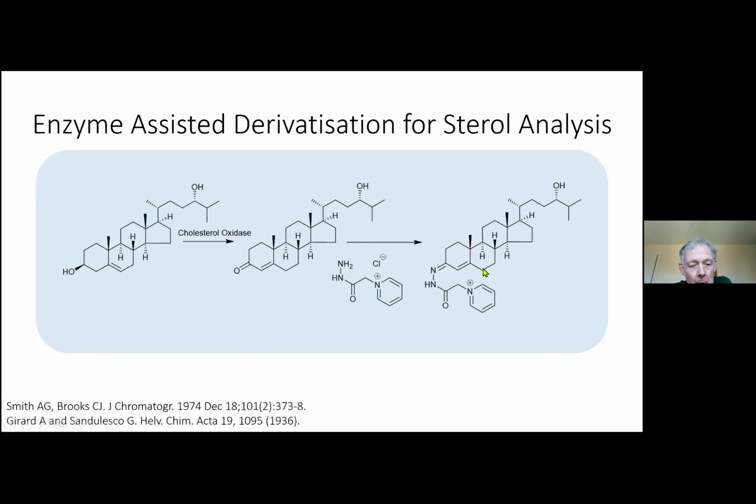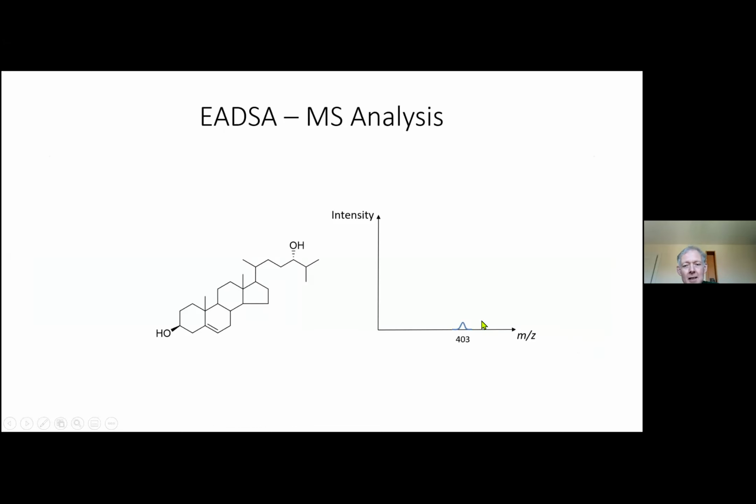molecule. So we call this method enzyme-assisted derivatization for sterol analysis. So you see where the name comes from, the enzyme-assisted derivatization. So we get 2 advantages really with this. We get good signals because we're adding the quaternary nitrogen, and we also add specificity because we're using an enzyme. Just a little cartoon to show you the method.